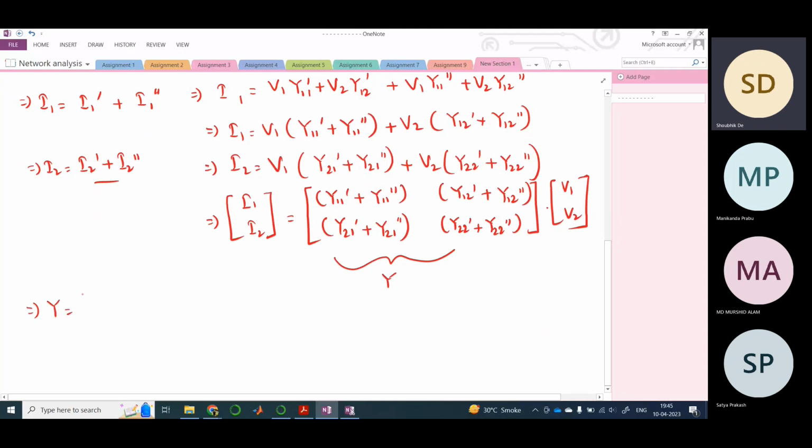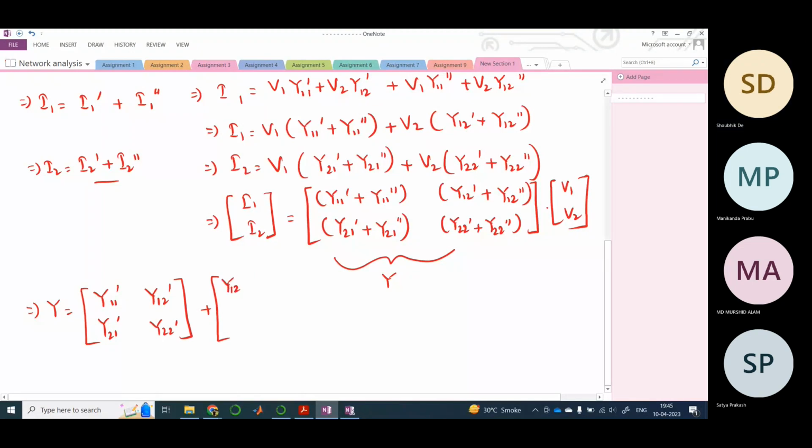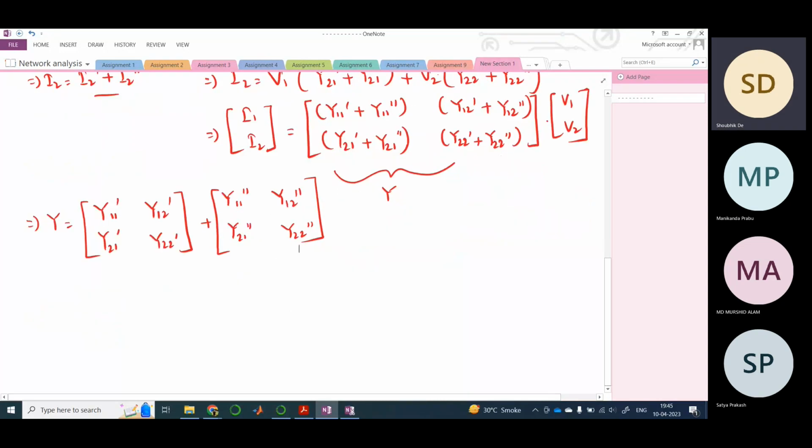We can also break it like this: y11 dash, y21 dash, y12 dash, y22 dash, plus a simple matrix addition operation, right? So this is our net equivalent.